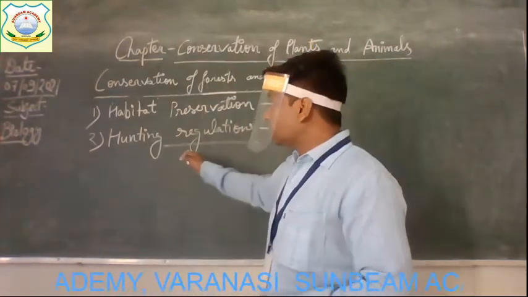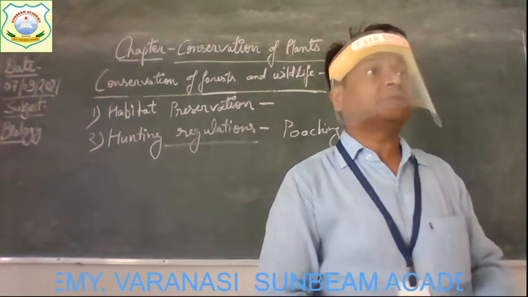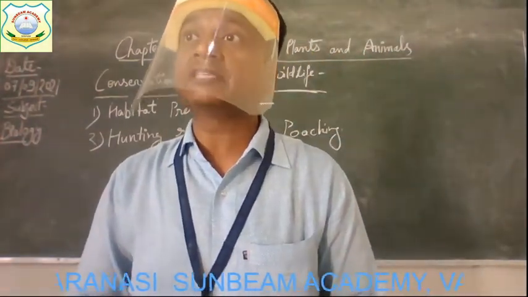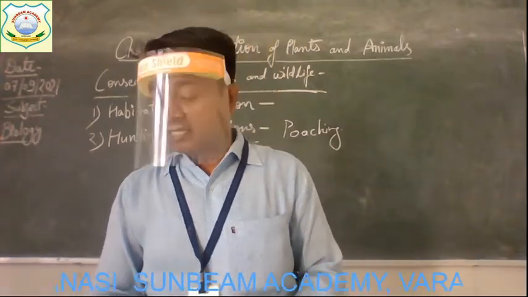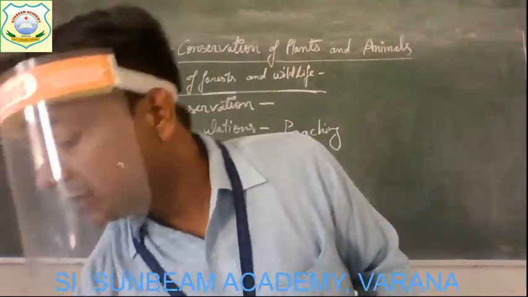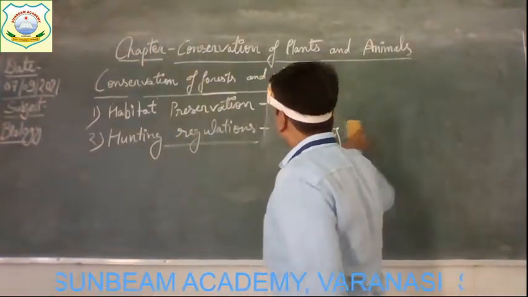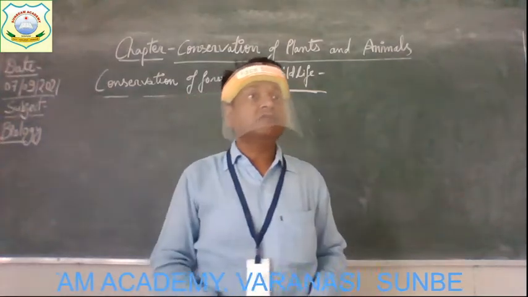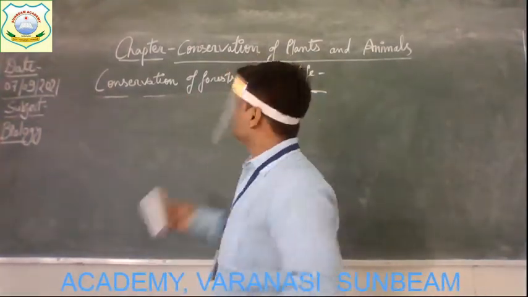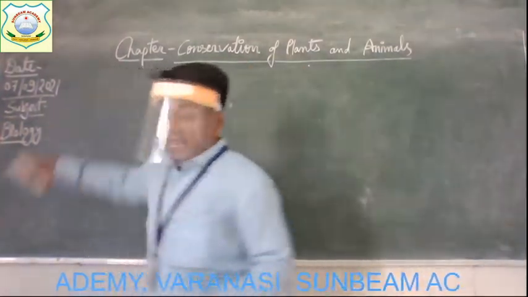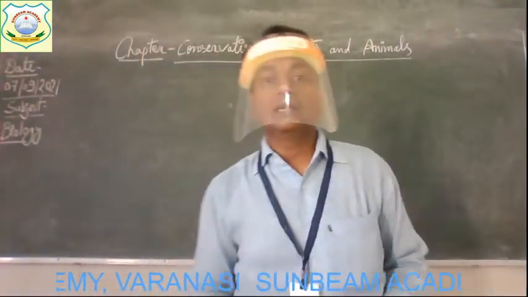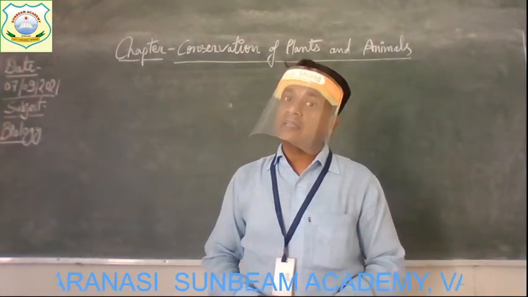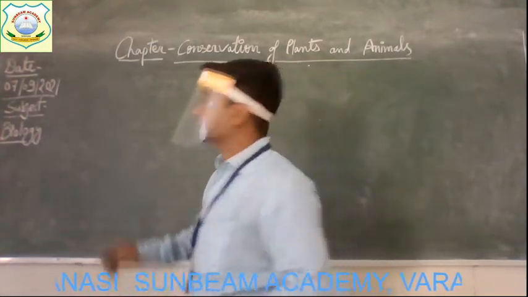Now, as we are discussing the steps taken by the government to protect forest and wildlife, in the next topic we will discuss the same: certain areas made by government for the protection of wildlife and forests. And these protected areas are the biosphere reserves, wildlife sanctuaries and national parks. Get it?